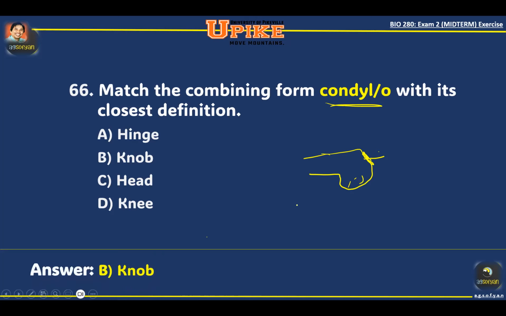Another example is a bone that looks like a knob. This is condyloid, and condyloid articulation is a type of joint. So condylo means the knobs.